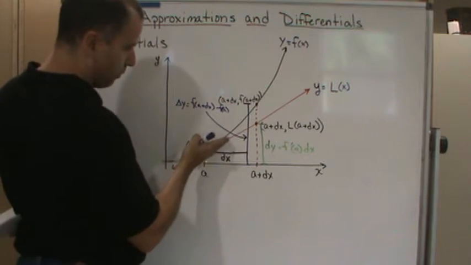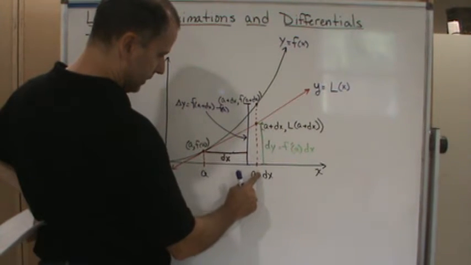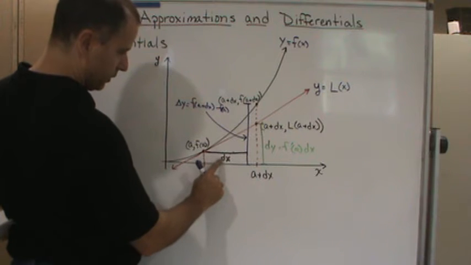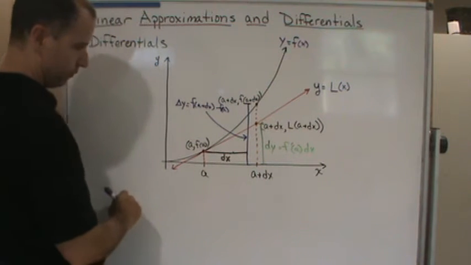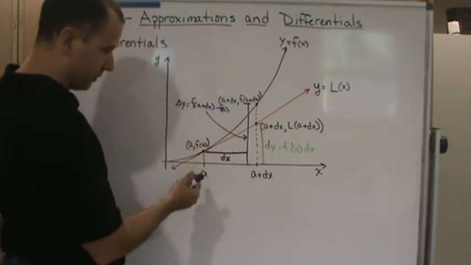If I take a small distance from a, dx, so here's a plus dx right here, the distance between them is dx, the change in x, or delta x, as we sometimes denote it.